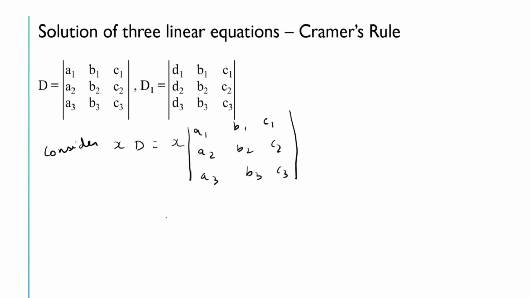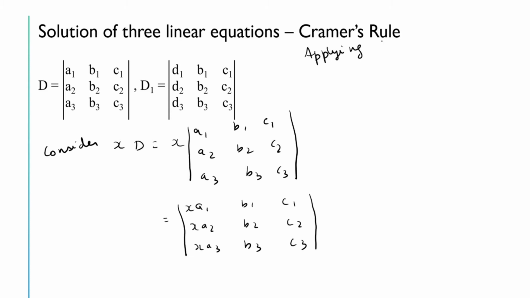So here we can bring this x inside in the first column. So we have xa1, xa2, xa3, here b1, b2, b3, c1, c2, c3. Now applying c1 changing to c1 plus yc2 plus zc3.